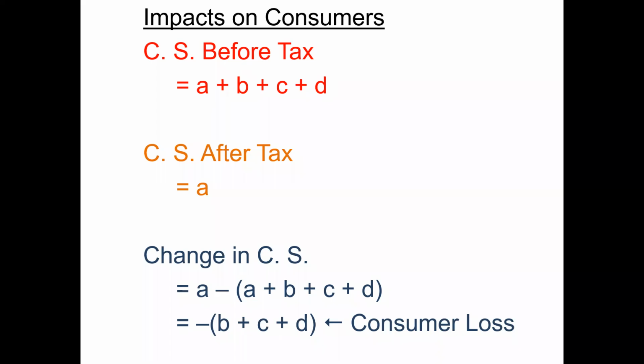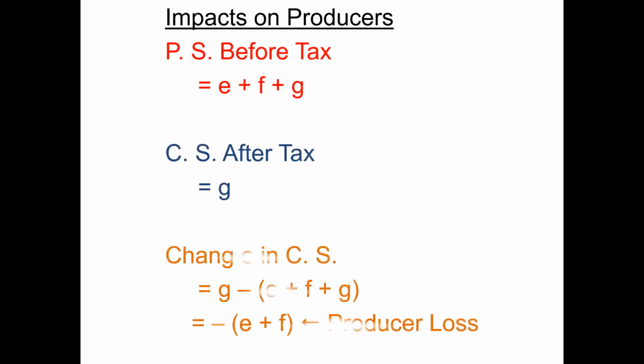Right, then on the right hand side the impact on producer is there. Producer surplus before tax is EFG, after tax G. So the change is G minus EFG. You get the answer minus EF. That means producer loss.